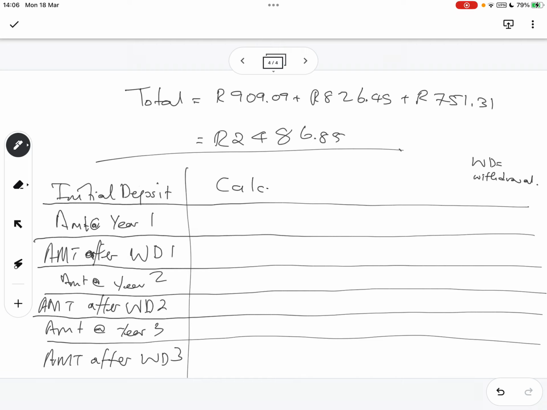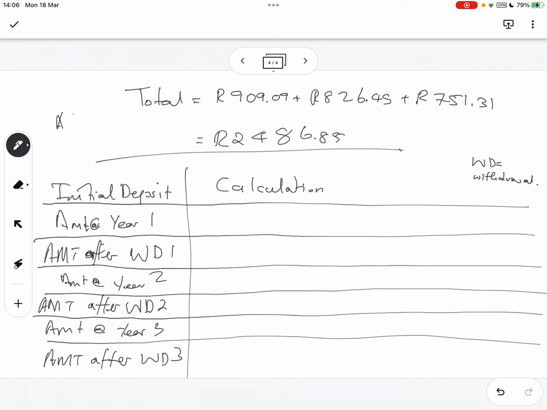Right, so the calculations are as follows. So in year 1, we... Okay, so just to check on these calculations, that's the total times 1 plus i, total minus 1,000, 1 plus i. Okay, cool.